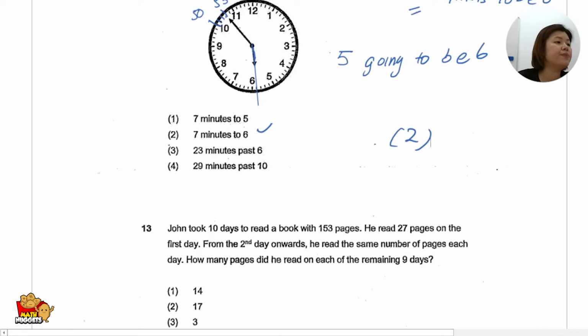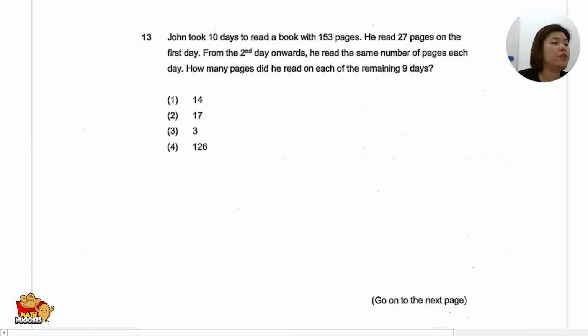Okay, next, John took 10 days to read the book with 153 pages. So he read 27 on the first day. So first day, 27 pages. Second day onwards, he read the same each day. So remaining is 9 days.